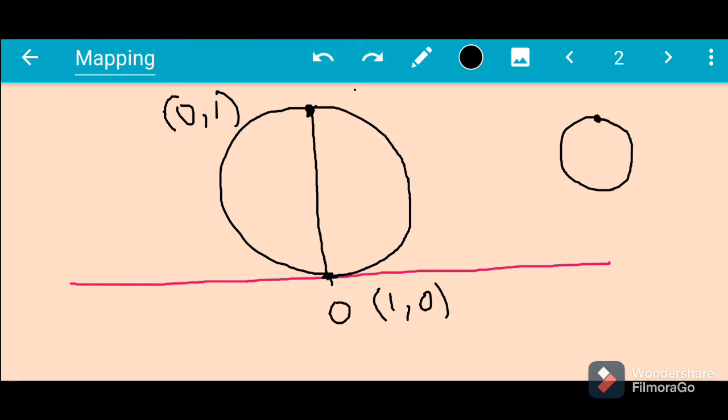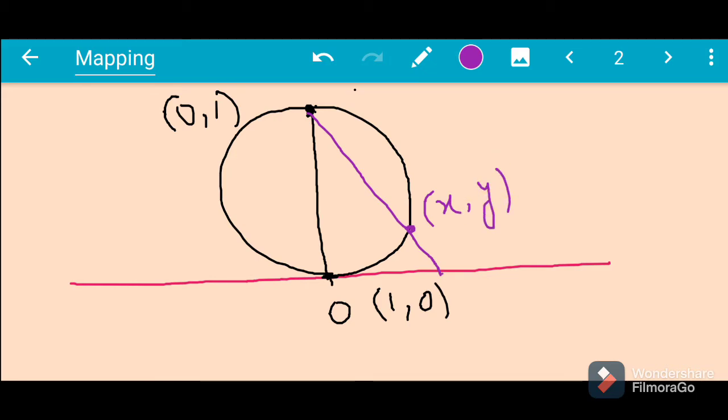So we draw a secant from this particular point. Suppose I draw a line like this. This is the secant, it intersects the circle at this point. Suppose this point is x comma y, and this point is r.